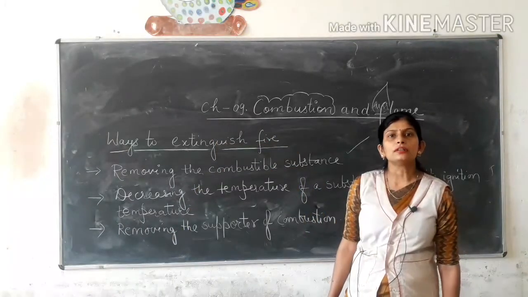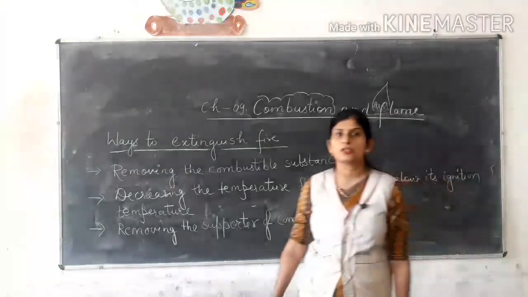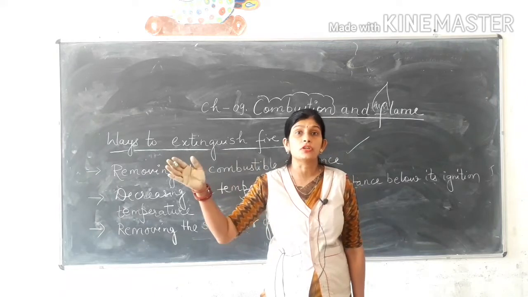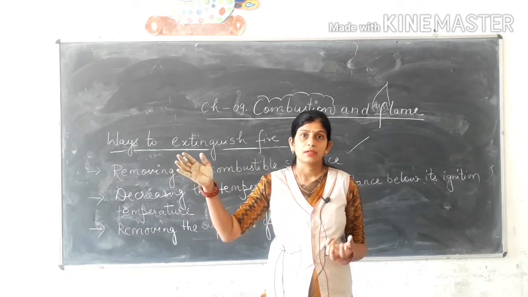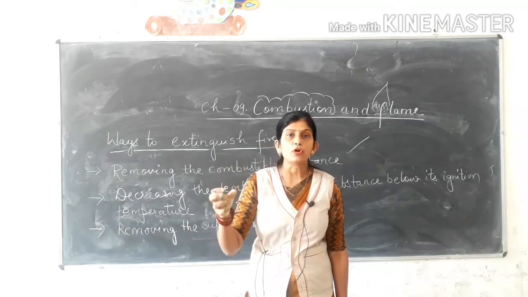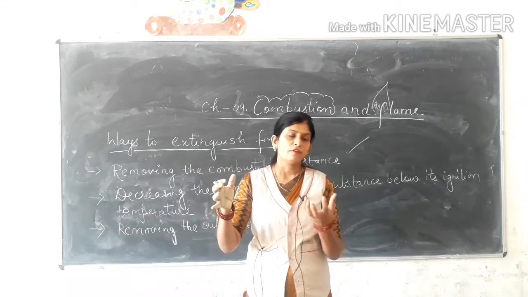The last, or third, way to extinguish fire is removing the supporter of combustion. Just remove the supporter of combustion, meaning oxygen, from the burning substance. Then the supply of oxygen is cut off from the fire.